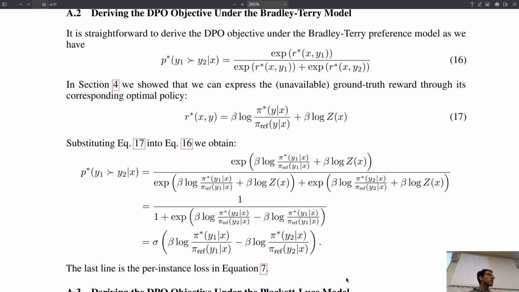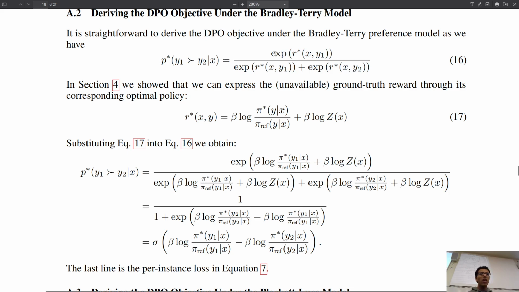For softmax, the denominator is the sum of the exponent of the winner and the loser, right? Over here in equation 16, we see exponent winner, exponent loser, or exponent reward winner and exponent reward loser, and then exponent reward of winner is the numerator, right?